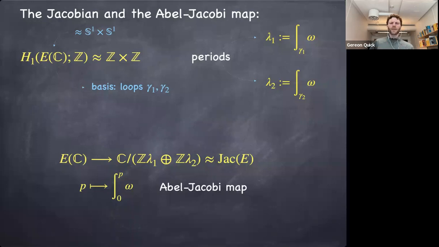So it's in this case a complex torus. So it's a lot of geometric information, and this map is called the Abel-Jacobi map. And actually, in this case, this map is an isomorphism.